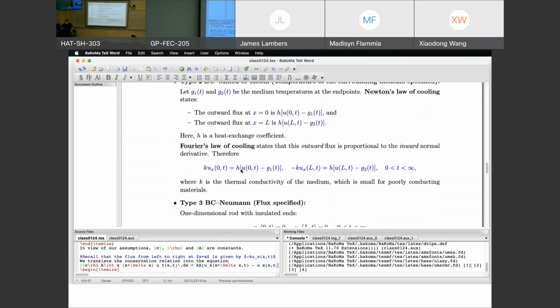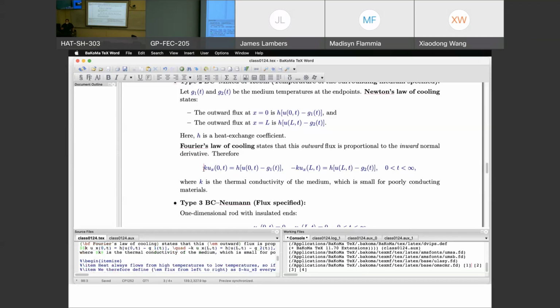So outward flux is k u_x on the left side minus k u_x on the right side. But in the conservation of energy relation down below, I want not outward flux, but inward flux. That means these terms that represent outward flux, I have to negate them.